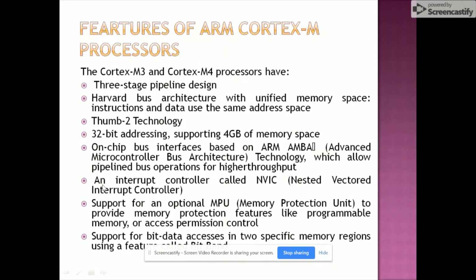This supports up to 240 interrupt requests and from 8 to 256 interrupt priority levels, and supports an optional memory protection unit to provide memory protection features like programmable memory access permission control. It also supports bit data access to specific memory regions using the feature called bit-band memory mapping. So these are the features of the ARM Cortex M3 or M4 processor.